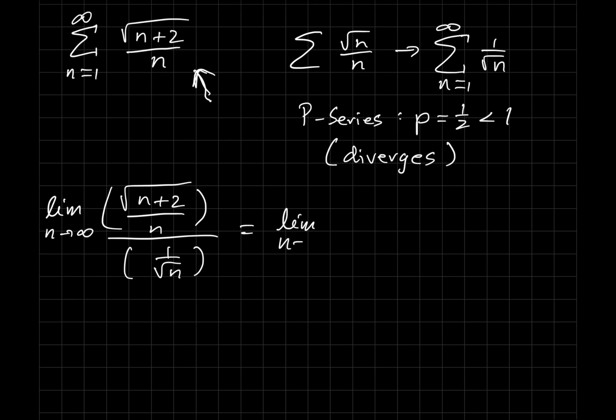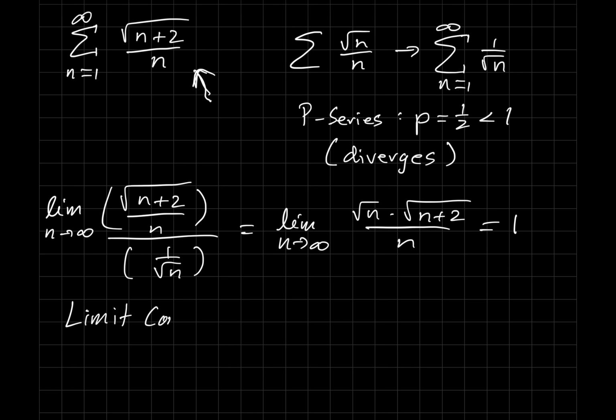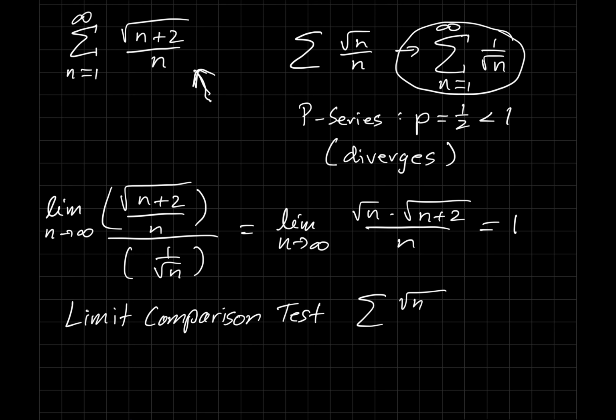Rewriting, we would get root n times root n plus 2 over n, which is really close to root n times root n over n, which is 1. So by the limit comparison test, where we compared our unknown to a known divergent p-series, this says that the unknown series must diverge as well.